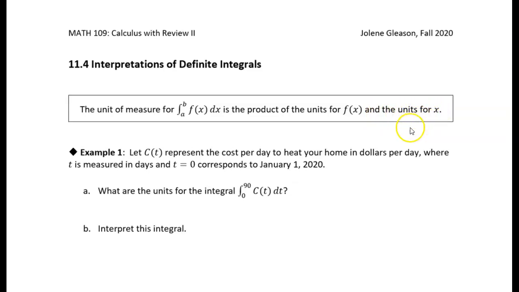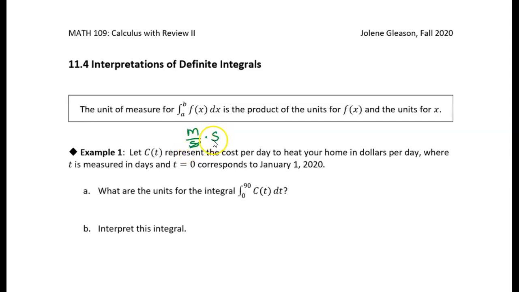So for example, we've done a lot of integrating of velocity functions. And you know that when we integrate the velocity function, we get the total displacement. And so if our velocity function is in, say, meters per second, and we're integrating that over time in seconds, then the units of the integral are meters per second times seconds.